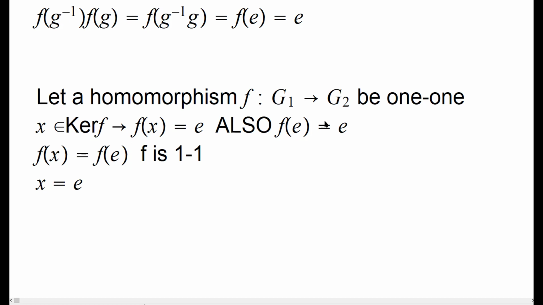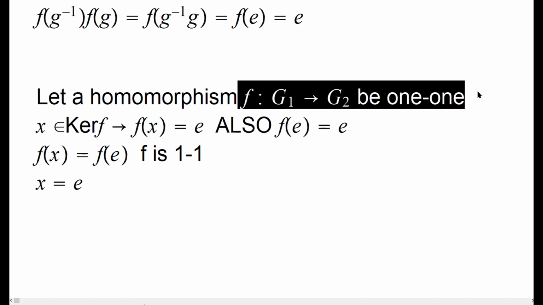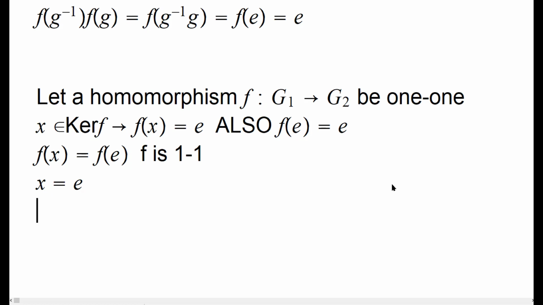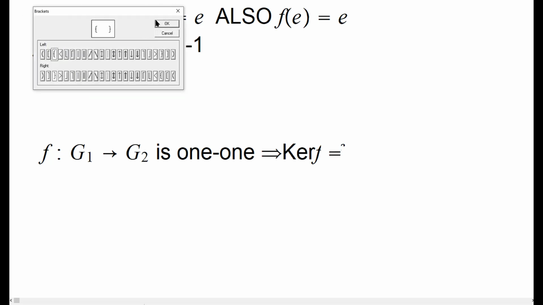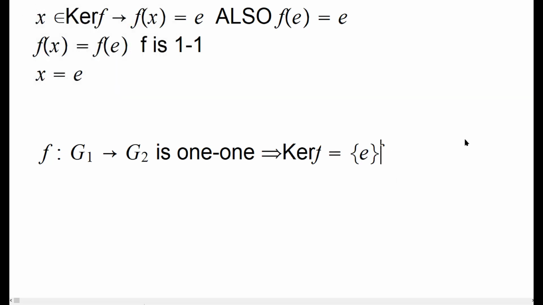So if the homomorphism is one-one, that implies that x in the kernel of F means x is the identity, or in other words, the kernel of F has only one element, the identity element, right?